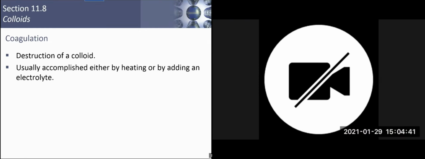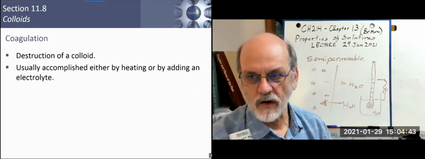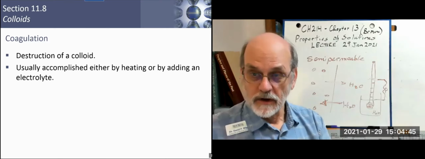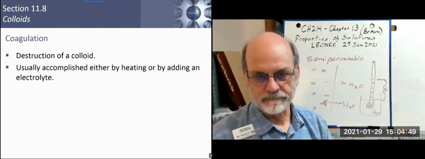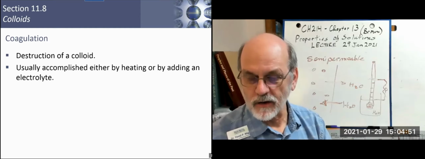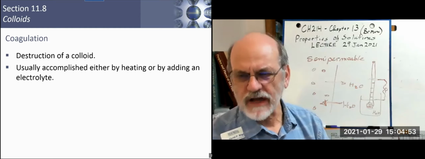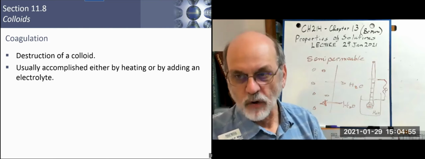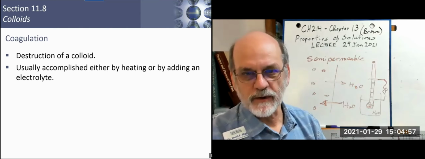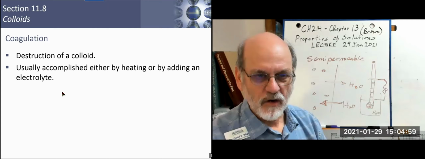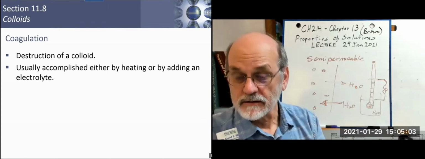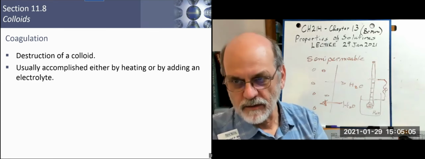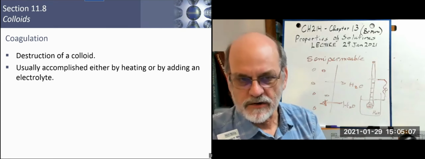Coagulation is a way of destroying a colloid. Colloids very often will be very stable over time. So once you've established your jello, it takes a long time to go bad, as long as you keep it refrigerated. Coagulating works particularly well with proteins, but it can work with other polymers.